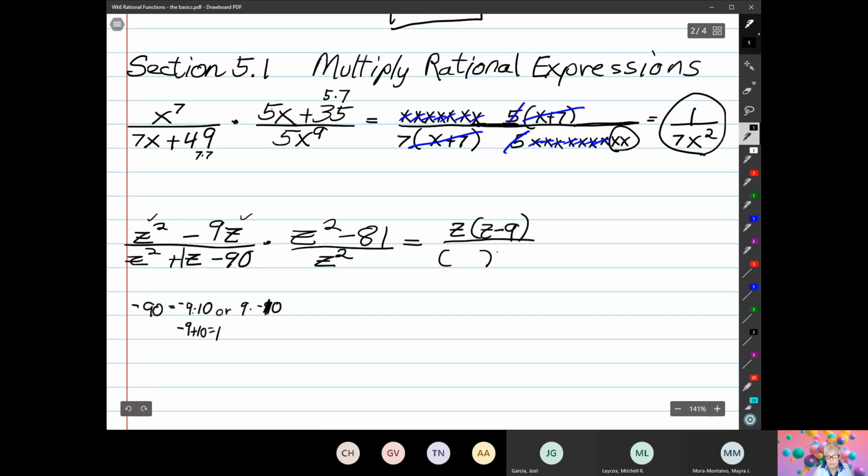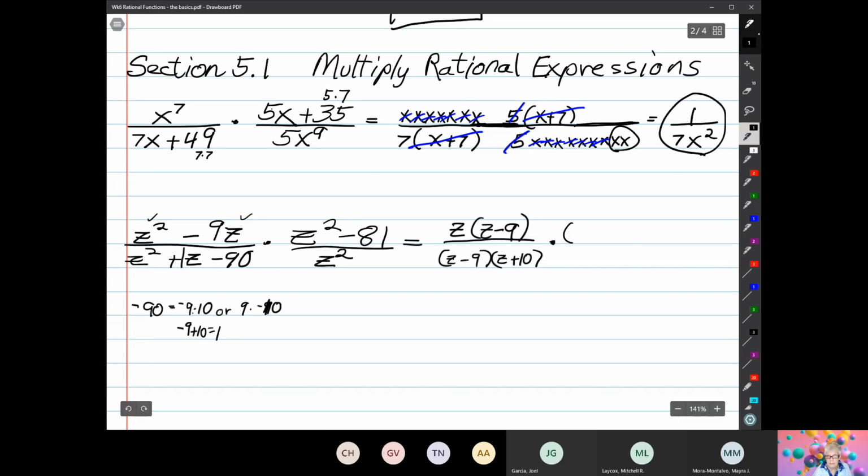So z minus 9 plus 10. And I have factored the first fraction. Now I'm going to multiply it by the second fraction, but I have to factor that also.